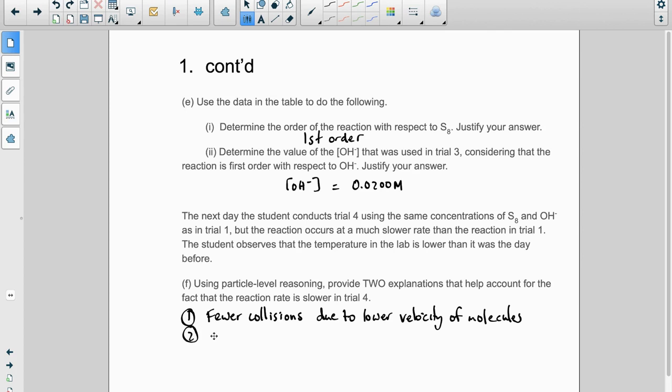Okay, and the second reason is that the collisions will have less force due to lower kinetic energy.